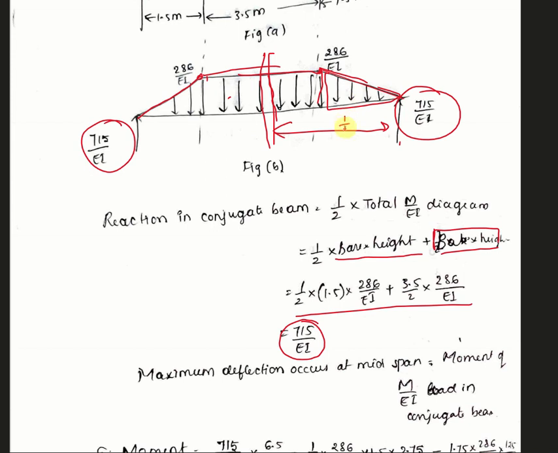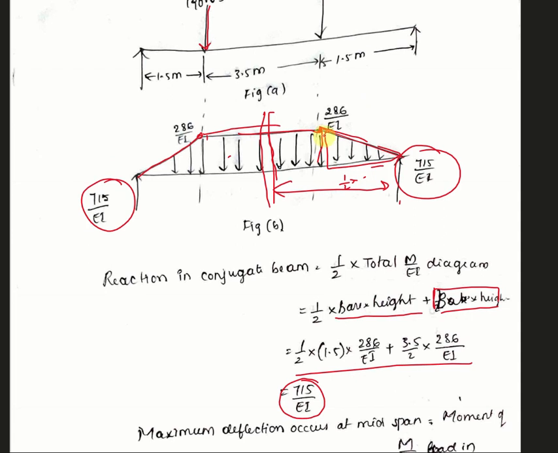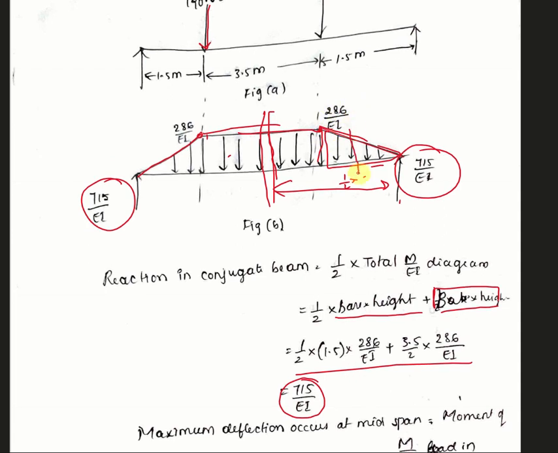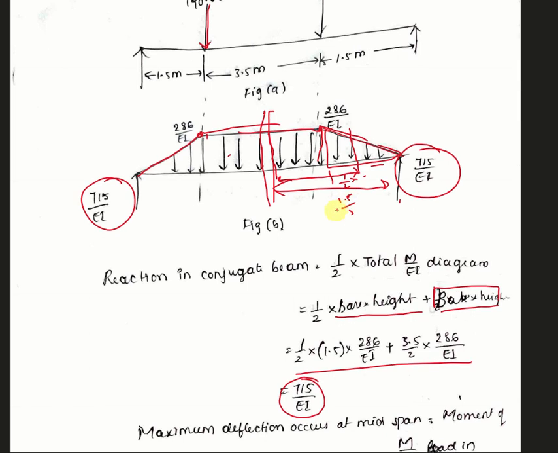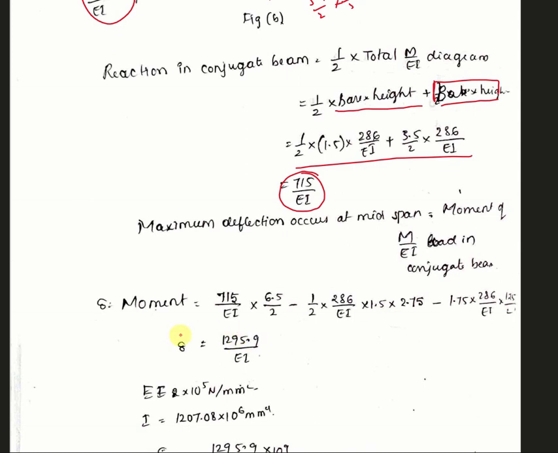The load itself is half into this base, 1.5 into height 286 by EI, multiplied by the center of gravity distance up to here, that is 1.5 by 3 plus 3.5 by 2. All were clearly mentioned here. You just check it, and you will get that the moment itself is the deflection.